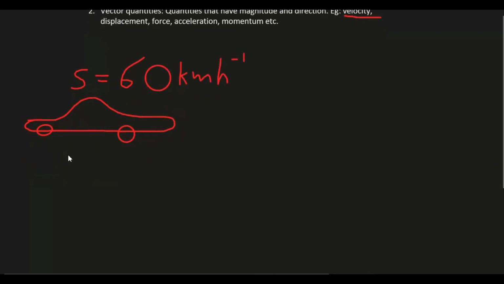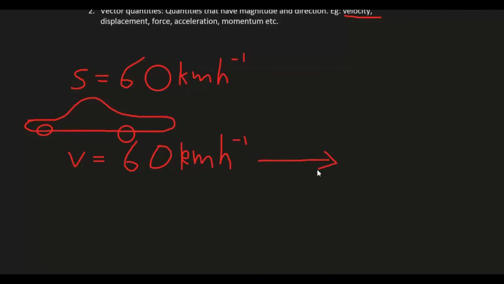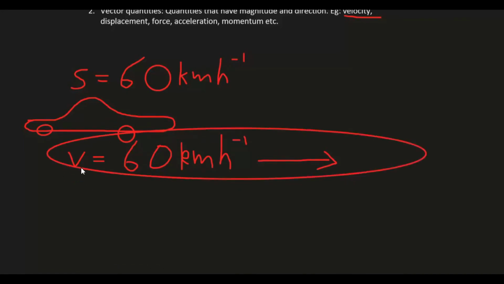And what if I say that this car has a velocity of 60 kilometer per hour, wait for it, to the right. So this has a magnitude and a direction, right? This value lacked a direction.